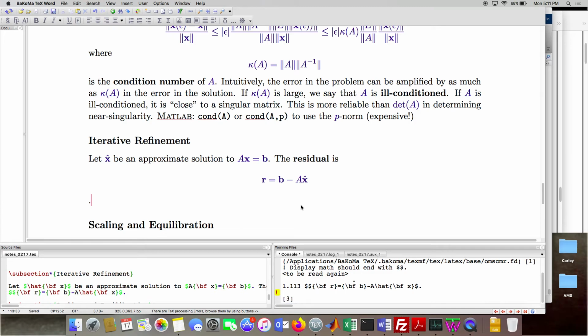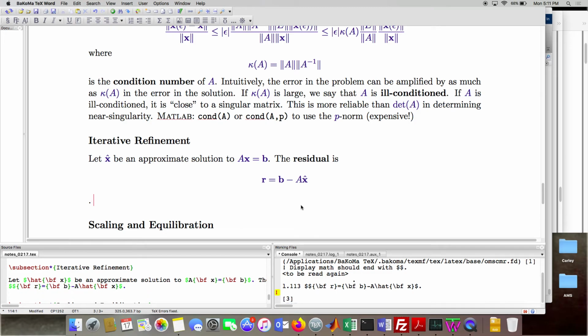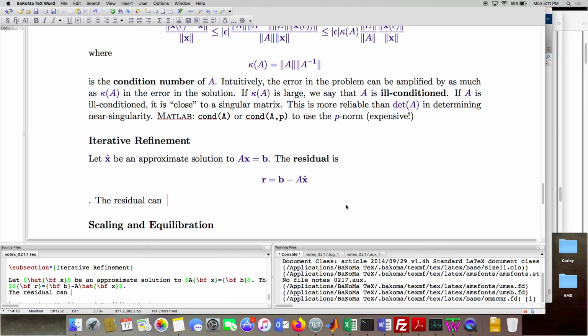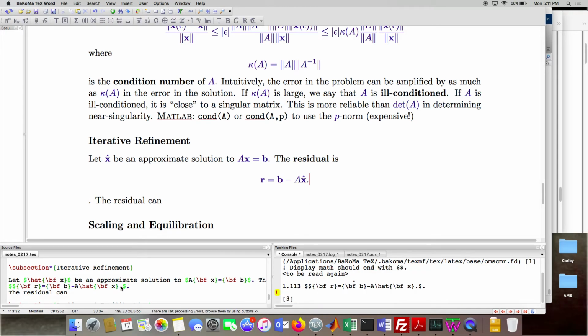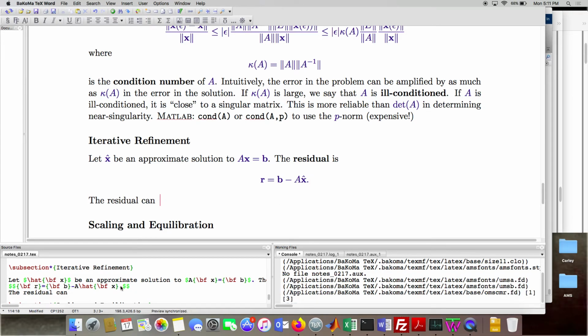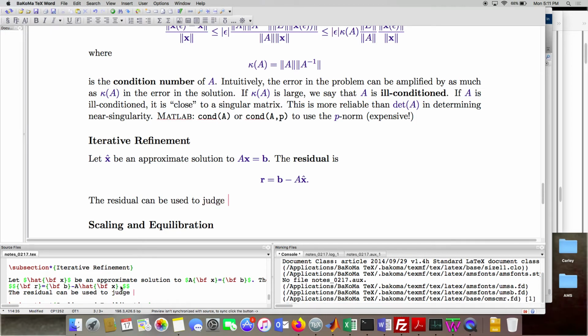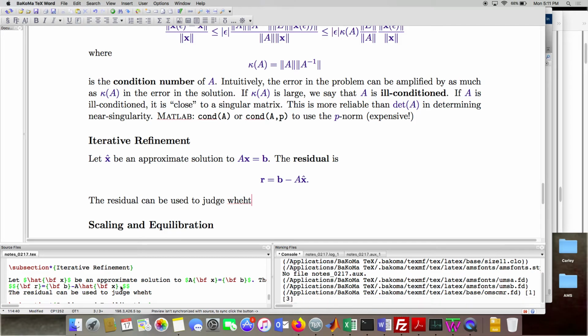That's what we want. The residual can be used to judge whether the approximate solution is accurate.